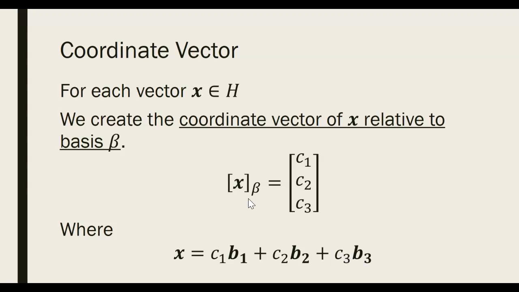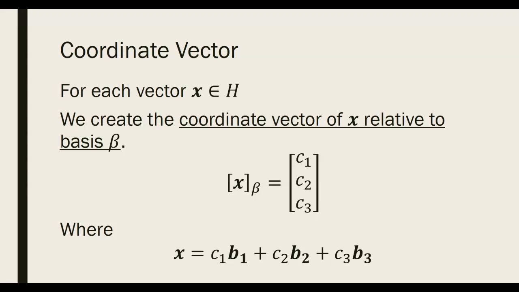So we can write the coordinate vector of x relative to basis b as just c1, c2, c3, the coefficients of b1, b2, and b3. And the notation is going to be this: the vector of x relative to basis b is equal to c1, c2, c3.